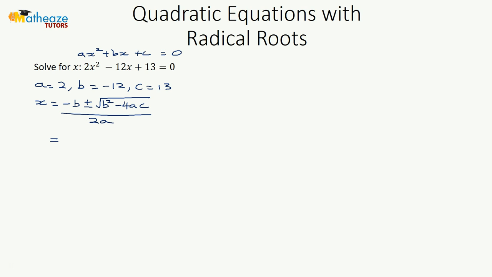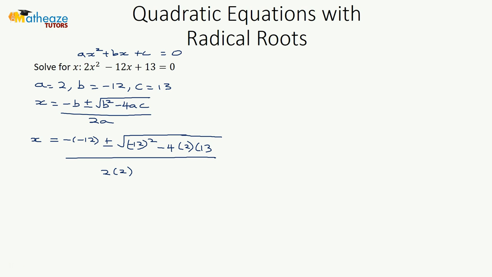So we're going to substitute now. So x is equal to negative of negative 12 plus or minus the square root of negative 12 squared minus 4 times 2 times 13, divided by 2 times 2.